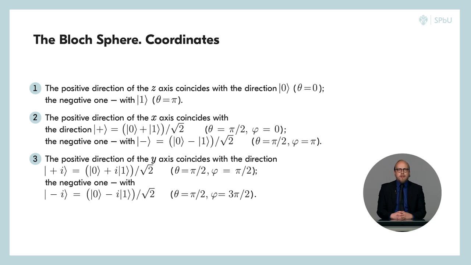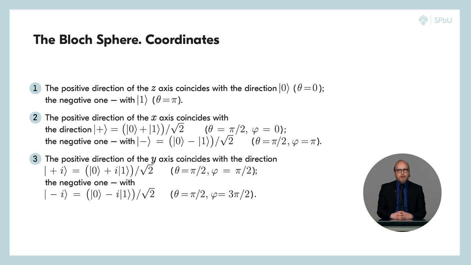Finally, as the positive direction of the y-axis, we choose the direction of the vector plus i, equal to the sum of vector 0 and vector 1 multiplied by the complex unit, taken with a normalization factor 1 divided by the square root of 2. And the negative direction of the y-axis is chosen as the vector minus i, that is, the difference of these vectors.